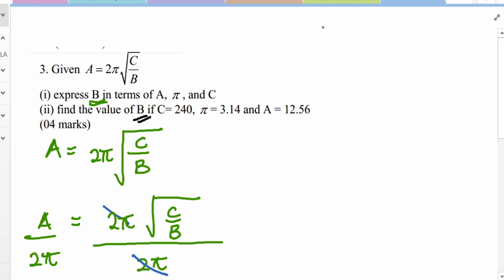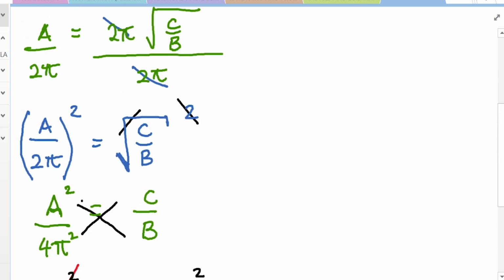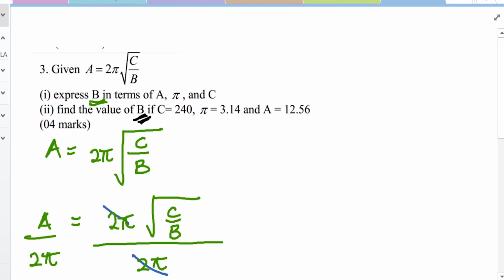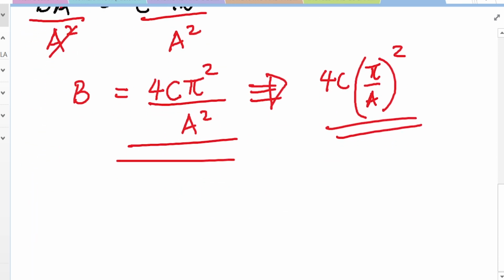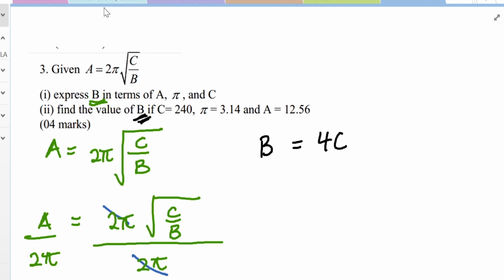So Roman 2, they want us to find the value of b if c is that, that, and that. So what expression did we get? We got our expression for b, that b was given by 4c pi squared over a squared.